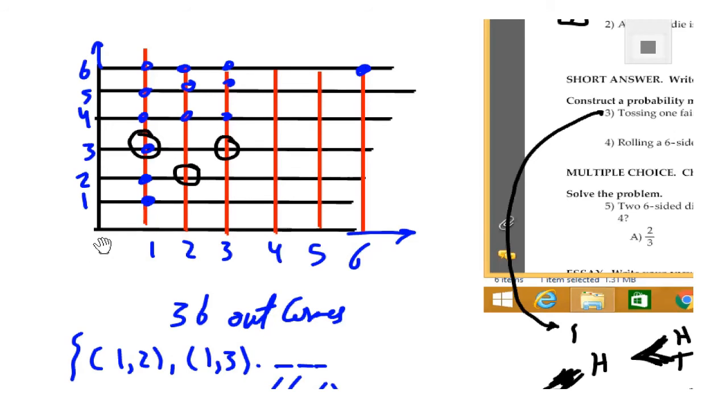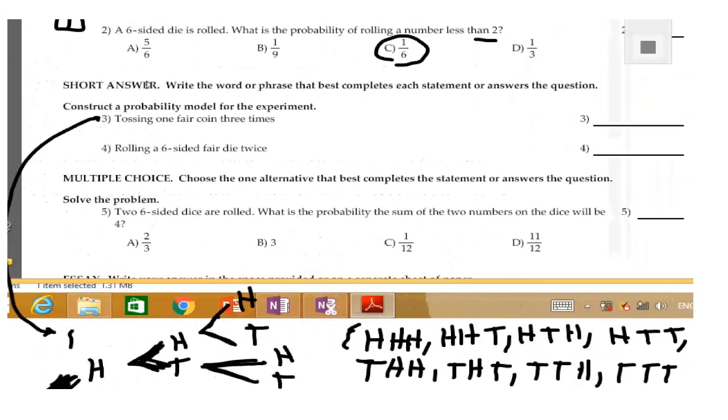Anything else? So it's going to be 3 out of 36. By dividing up and down by 3, it's going to be 1 out of 12.